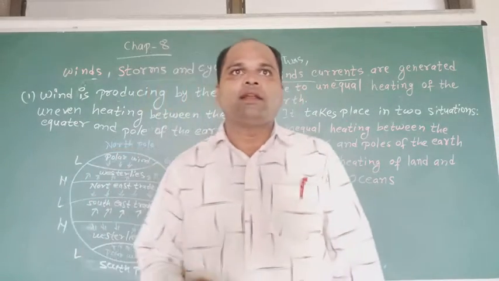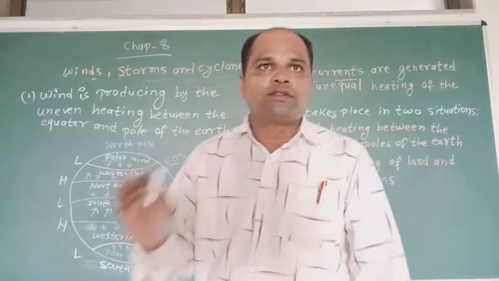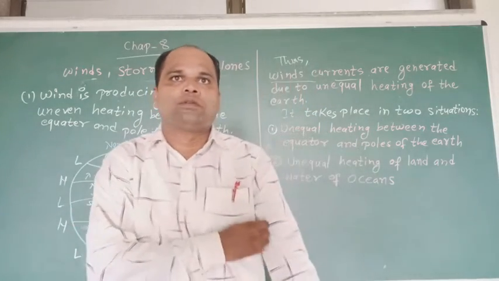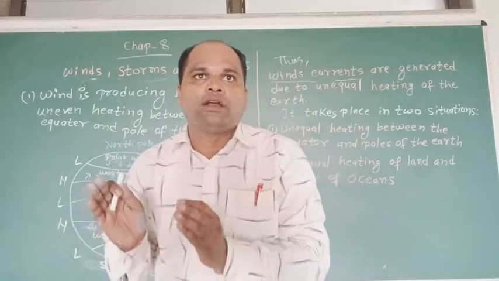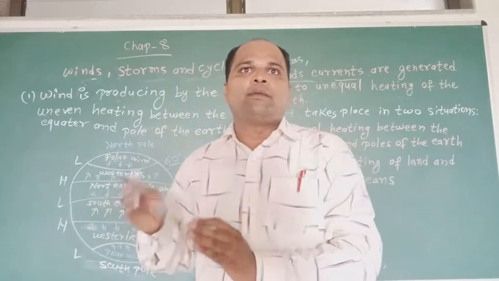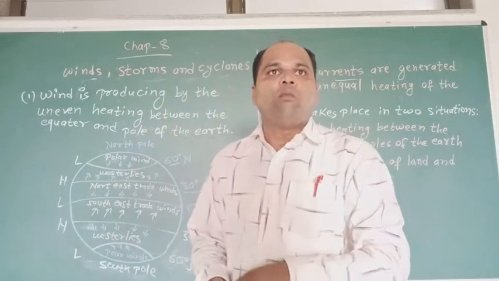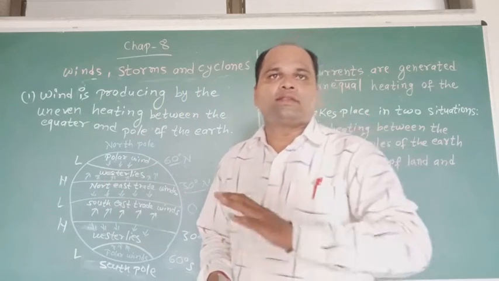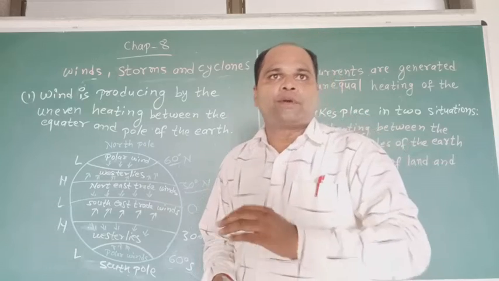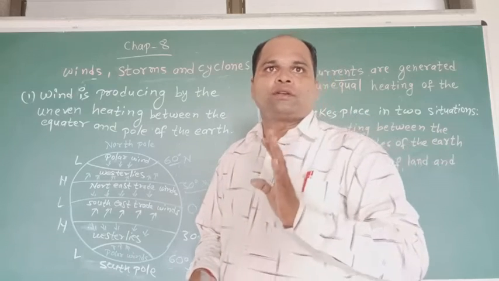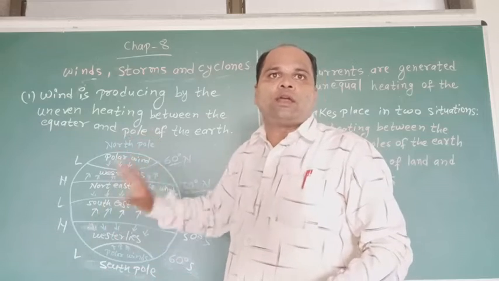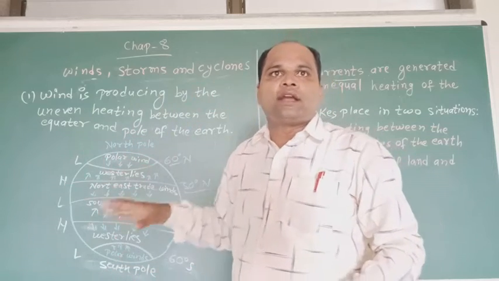So again, at latitude 60 degree on both sides, north side and south side, the equator is warmer than the poles, okay. So the warmer air at 60 degree latitude rises, creating a region of low air pressure, and cold air from the polar region rises to take its place.